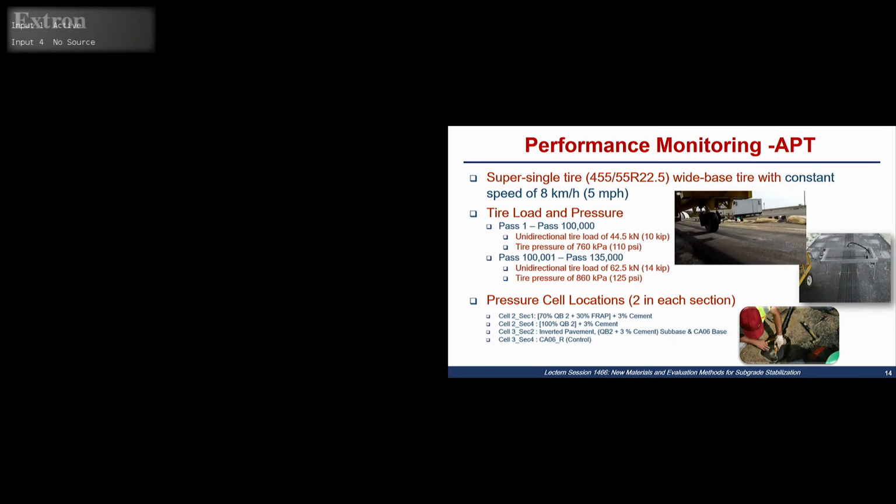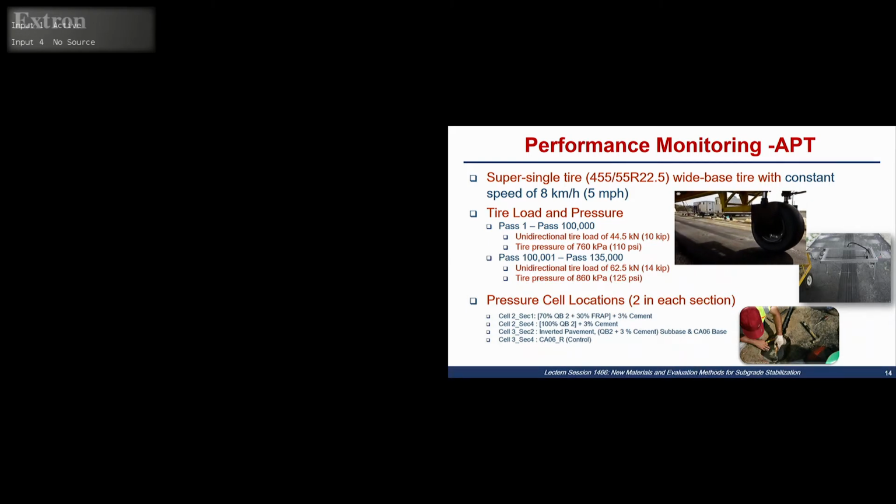After the test sections were constructed and the QA/QC were checked, we started the accelerated pavement testing experiment to monitor the performance of the test sections. Basically we had a wide base tire doing the trafficking at a 5 miles per hour speed. Tire load was, to start with, 10 kip, 110 psi tire pressure.